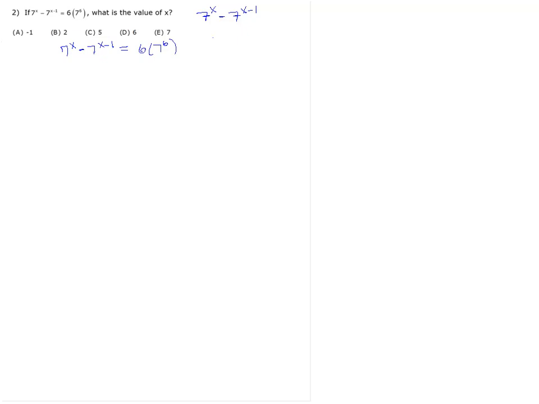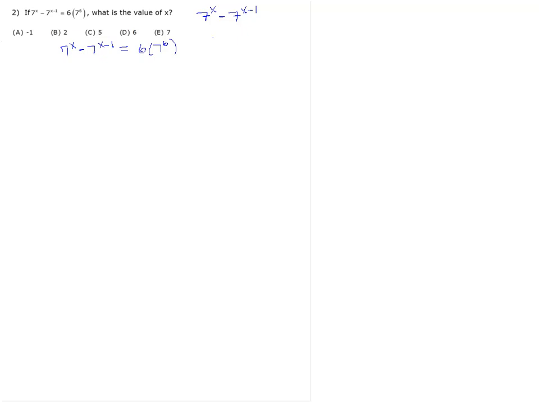So as I look at the left side, I don't know about you, but it's not really clear to me what the common term is. However, if I start playing with some of the exponent rules, just keeping my feet moving, it's going to be a lot easier. I want to focus on that 7 to the x minus 1.